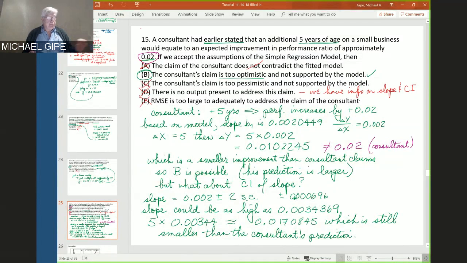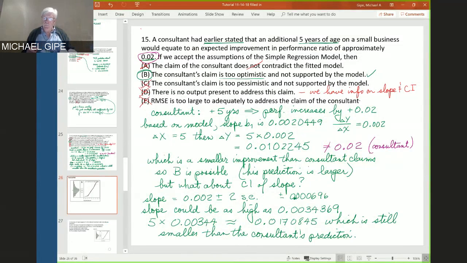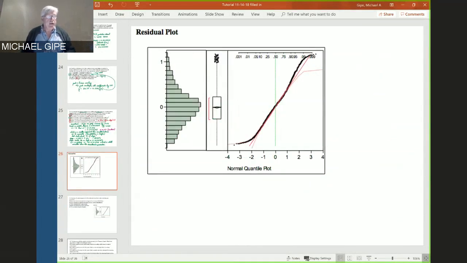Any questions on that? Okay, next one. Here's a residual plot. A plot of the residuals, that is the errors that are left over above and below the regression line.